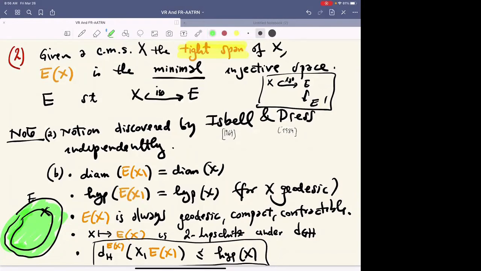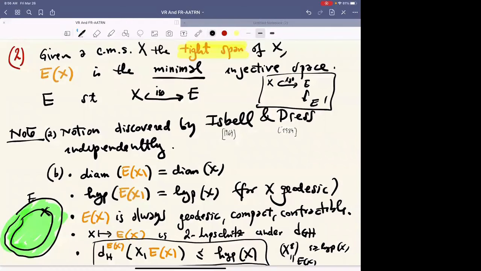X is within hyperbolicity of X to the tight span, so X becomes a hyperbolicity-of-X net for the ambient space being the tight span. Now if you look at X epsilon and you pick an epsilon larger than hyperbolicity, that means X epsilon is the tight span itself.